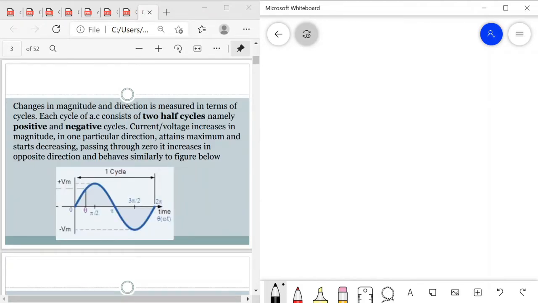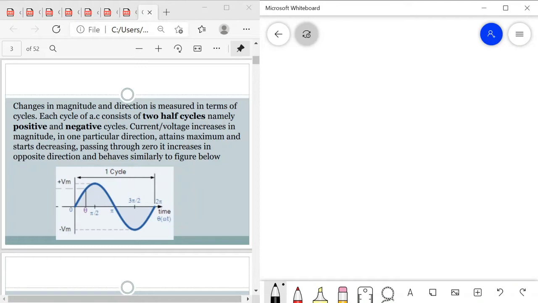Changes in magnitude and direction is measured in terms of cycles. Each cycle of AC consists of two half cycles, namely the positive and negative half cycles. Current or voltage increases in magnitude in one particular direction, attains maximum and starts decreasing passing through 0.